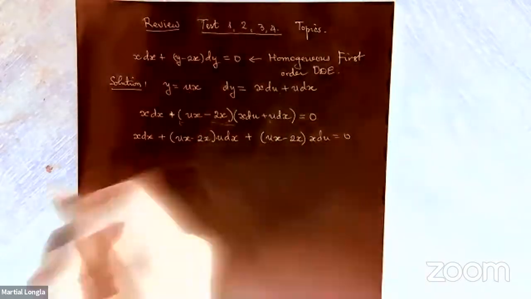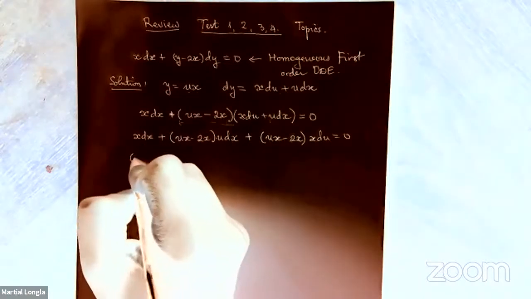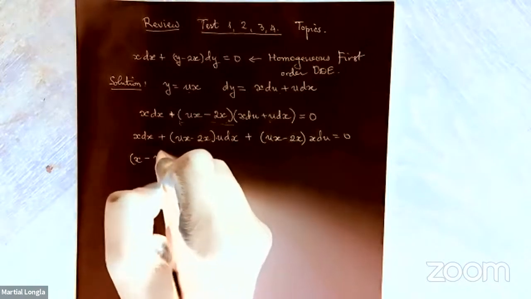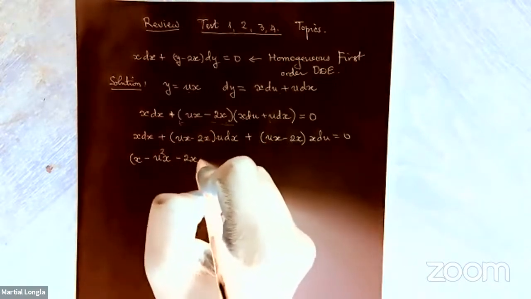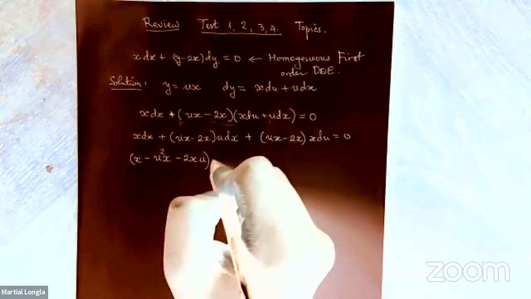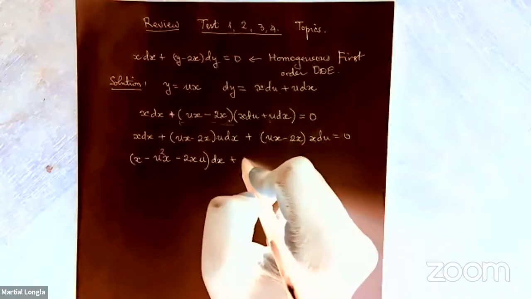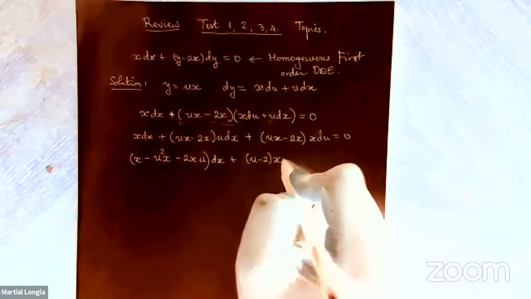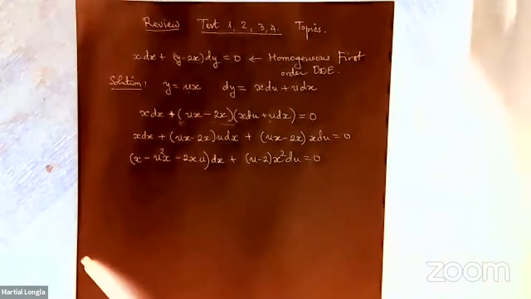Combine these terms, that's x minus u squared x minus 2xu dx plus, we can factor out here and have u minus 2 x squared du equals 0.